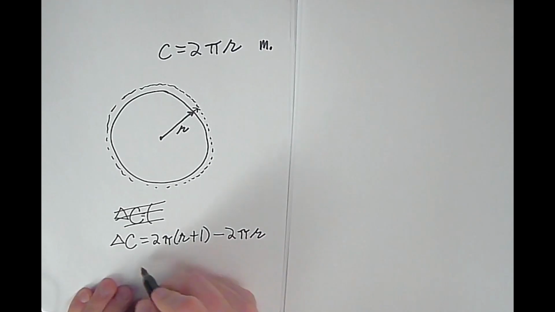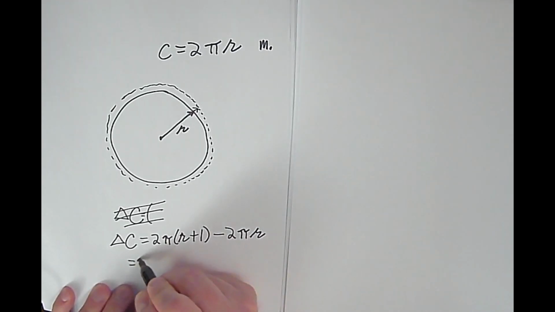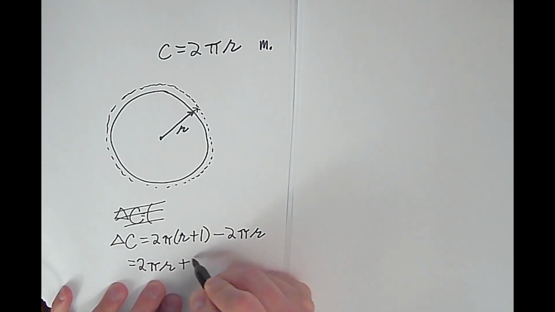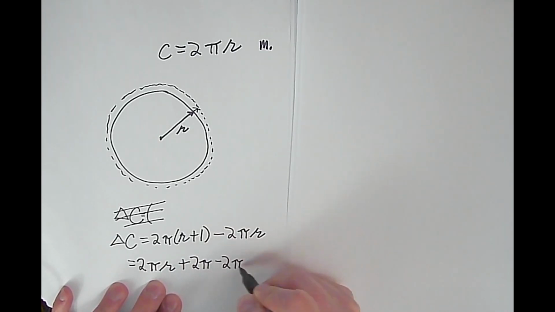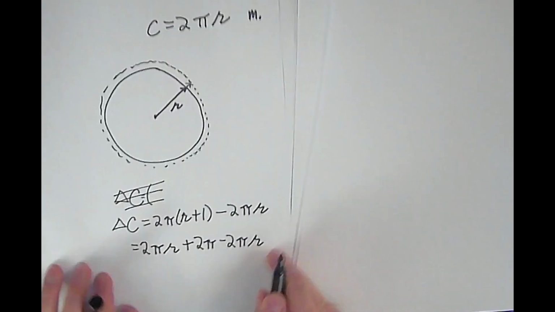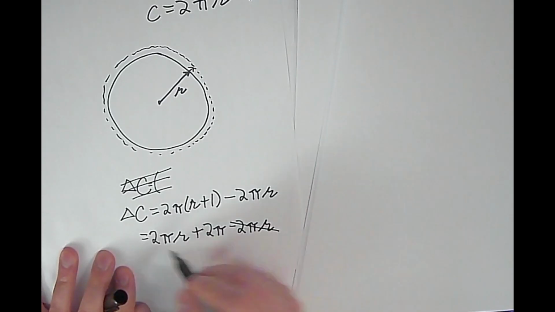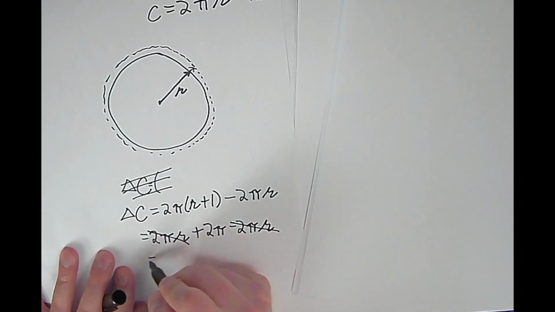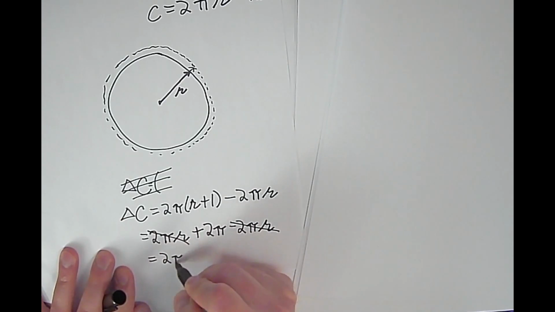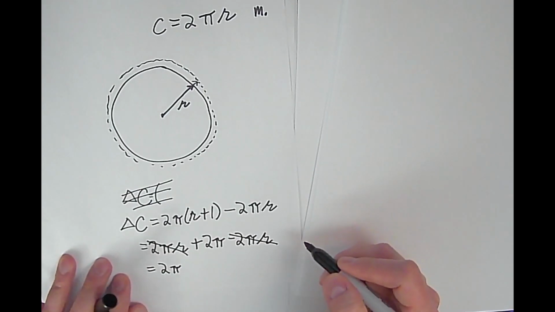So multiply that out, distribute it, you get 2 pi r plus 2 pi minus 2 pi r. Well, that cancels the 2 pi r, and you get 2 pi units.